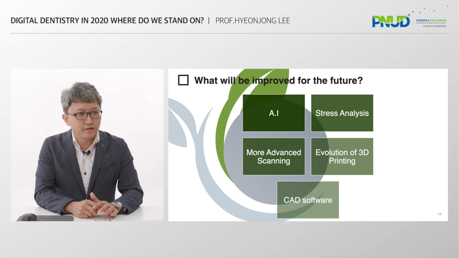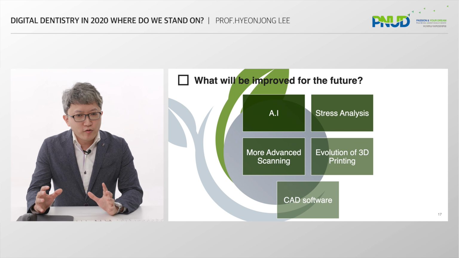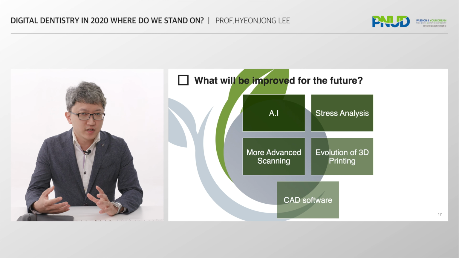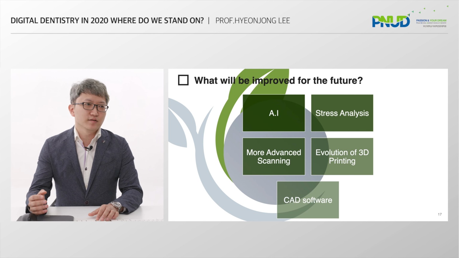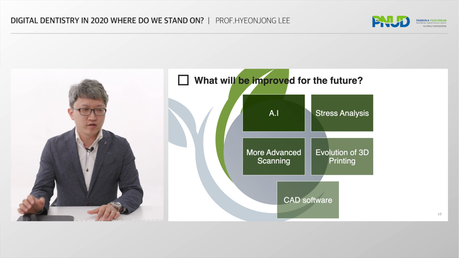So what will be improved in the future? I think for CAD/CAM and for intraoral scanners, artificial intelligence is the really important part. The point of improvement of the intraoral scanner is that the user experience should be upgraded, really.